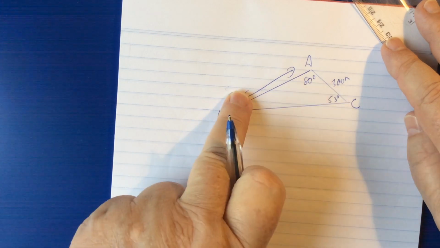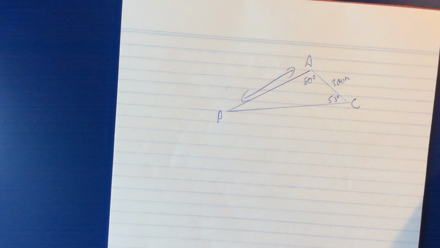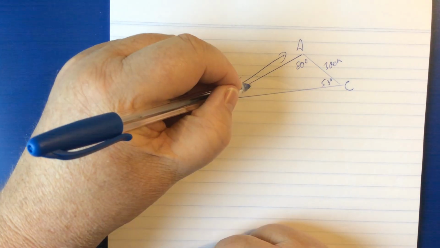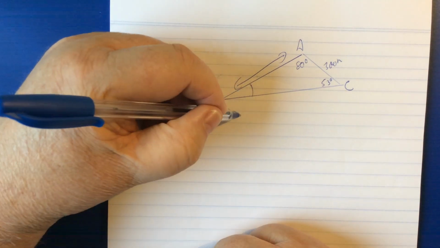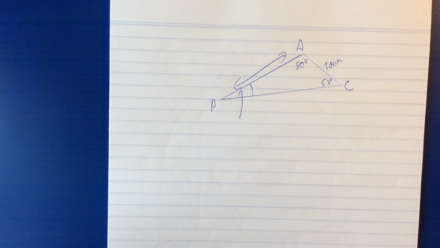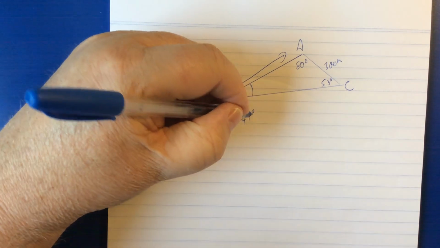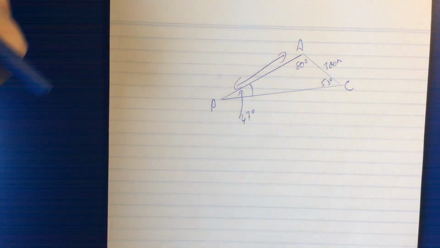Don't take anything from the relative size of these. This is just a very quick drawing. First thing I'm going to do is figure out that angle. Now that's a fairly simple job. It's 180 minus 80 minus 53, and that gives me 47 degrees. That's going to be useful.